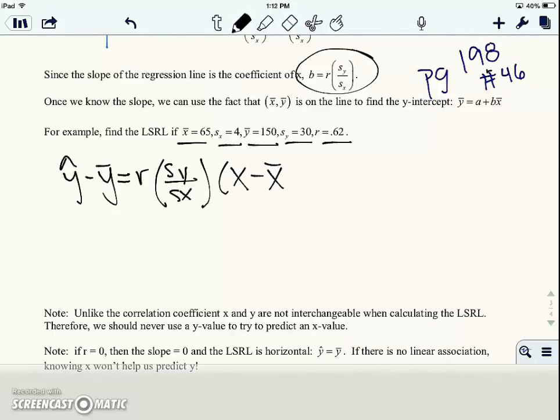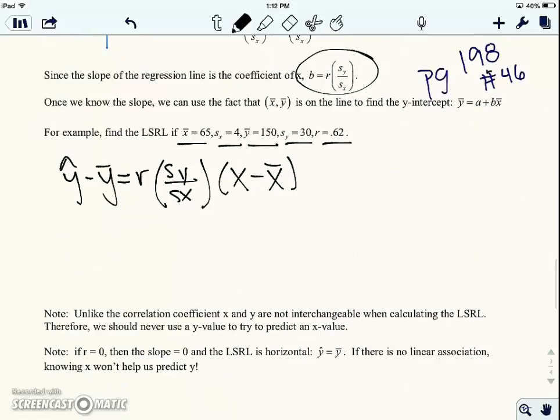So this is actually just a plug and chug activity. This was a kind of scary looking derivation, but we're using it just to plug and chug. So then it's saying, okay, let's plug in our x bar right here, our y bar right here. We can plug in our r, s of y and our s of x and solve for the least squares regression line.